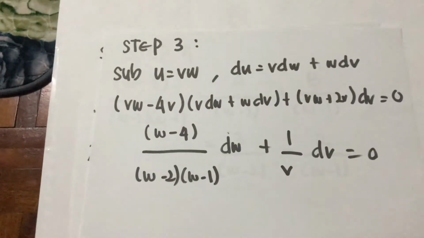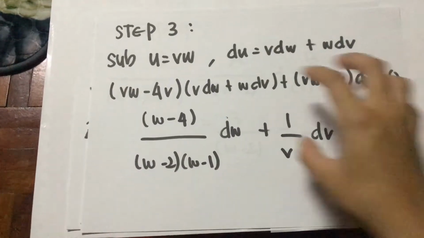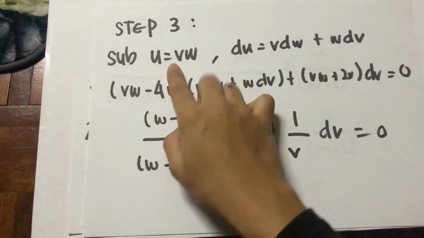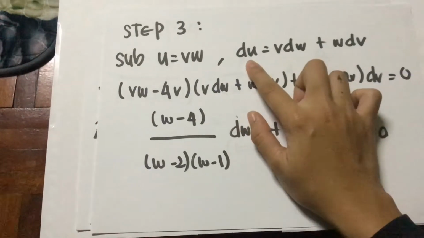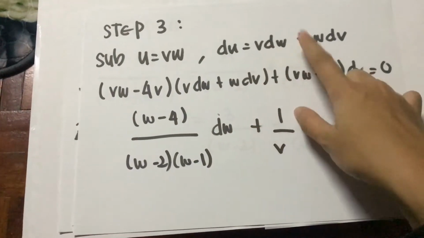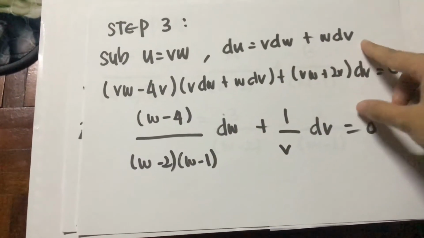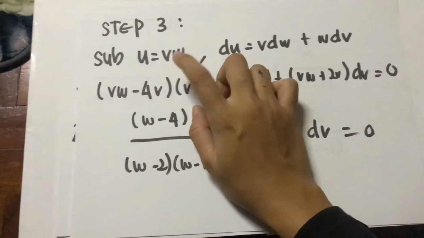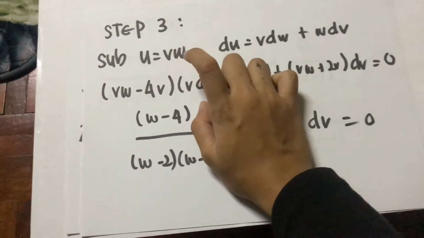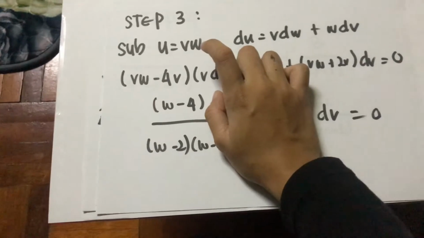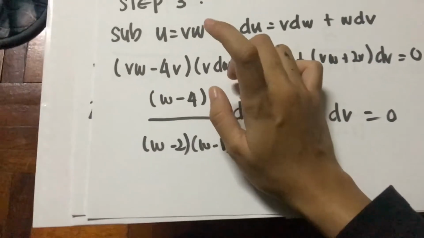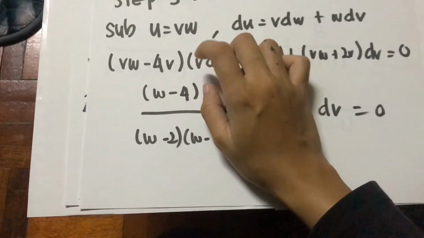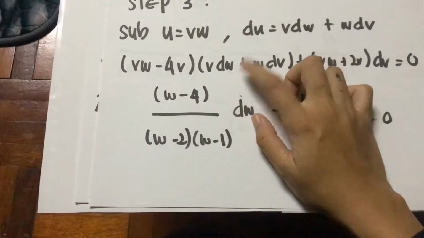Then step 3, we substitute u equals vw and du equals v dw plus w dv into equation 1, after we substitute x equals u minus 3 and y equals v plus 1.